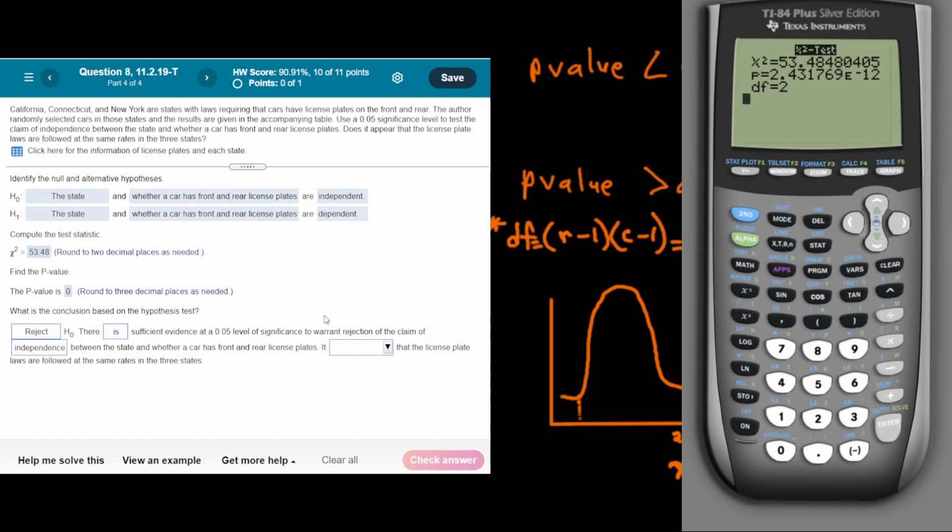So we figured out that since we're going to reject the null, we're rejecting the H0 statement, so we're going to accept the H1 statement. They are dependent on one another, which makes sense. If they have a law set in place for you to do something, most people will follow that. Most law-abiding citizens. Let's see, that the license plate laws are followed the same.